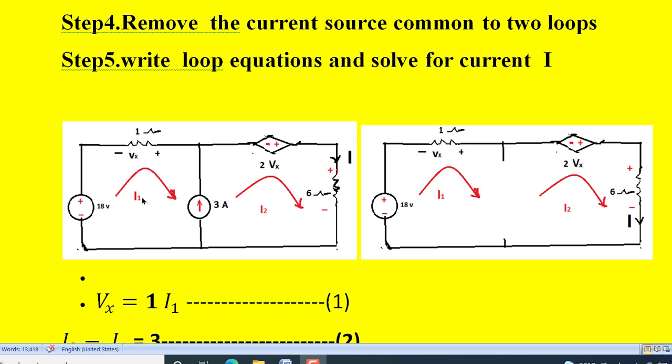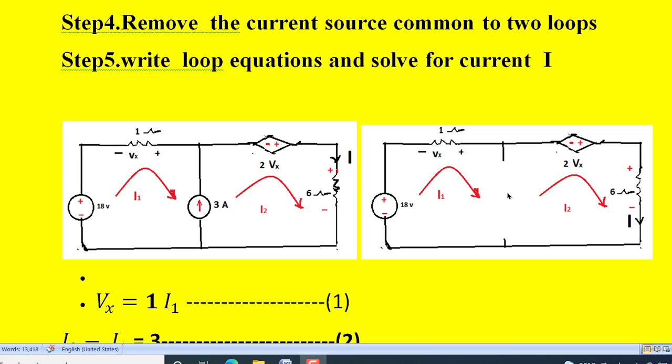So we have assigned the loop currents and also assigned the polarity across various elements. The next step is to remove the current source which is common to the two loops. Once we remove this, the circuit will become like this.